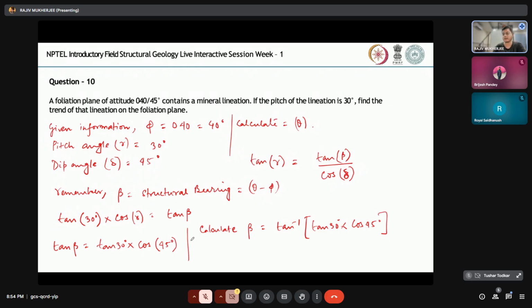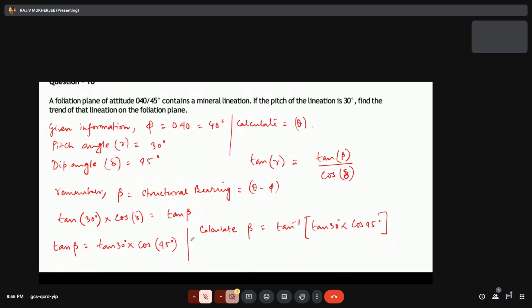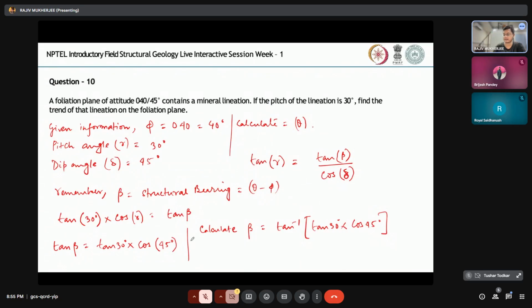And eventually if you calculate that, cos 45, so it's root 2, 0.408, and it's near about 22 degrees.